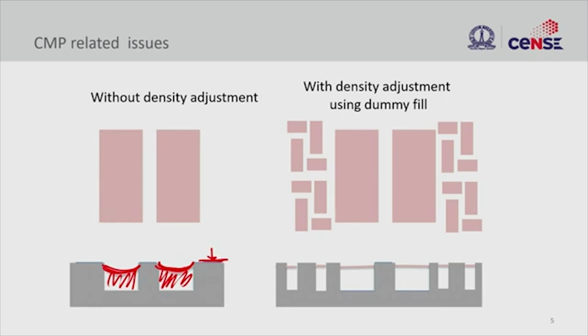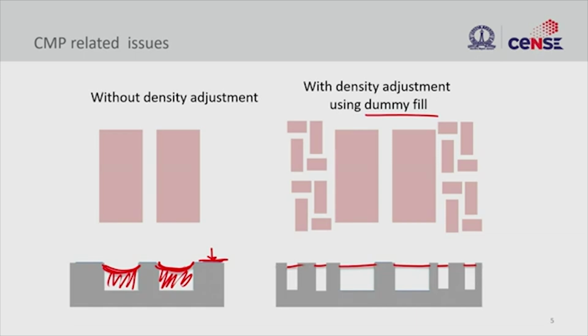But now if you do a process aware design, you will add some dummy filling. So what this dummy filling will allow us to do is a complete planar CMP, because you are not going to do over etching here, because the metal distribution is equal, right?